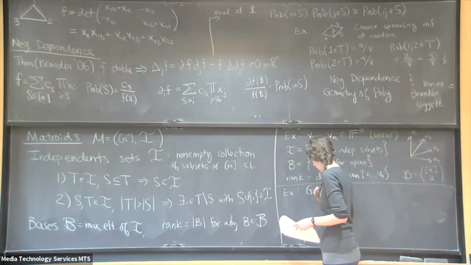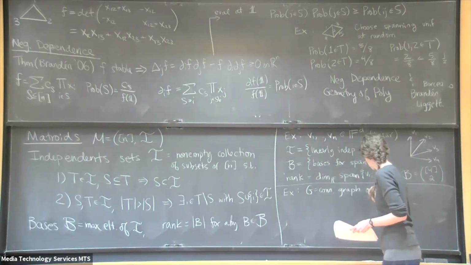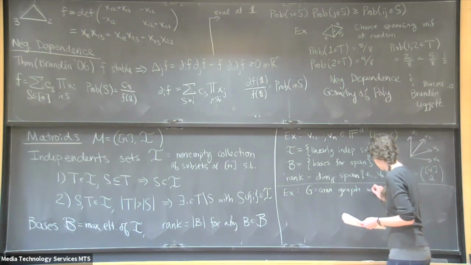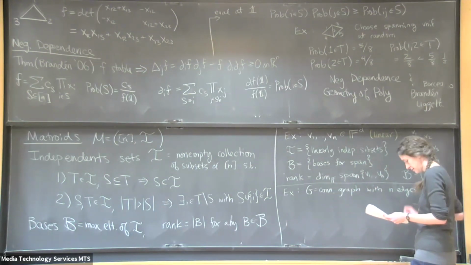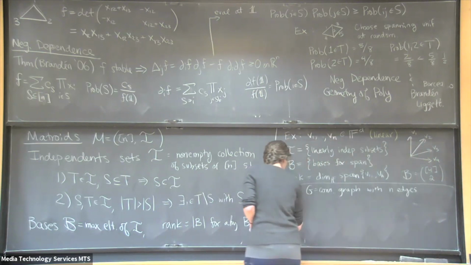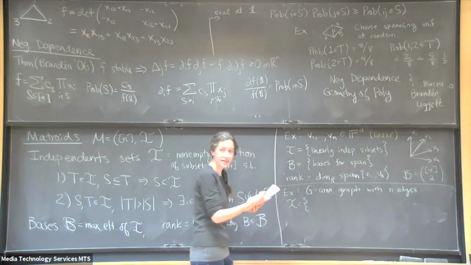So G is a connected graph with n edges. And so this will correspond to subsets of edges.